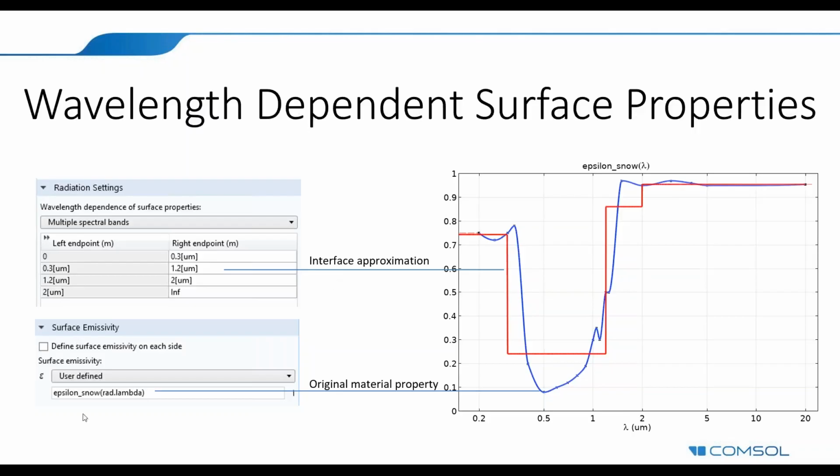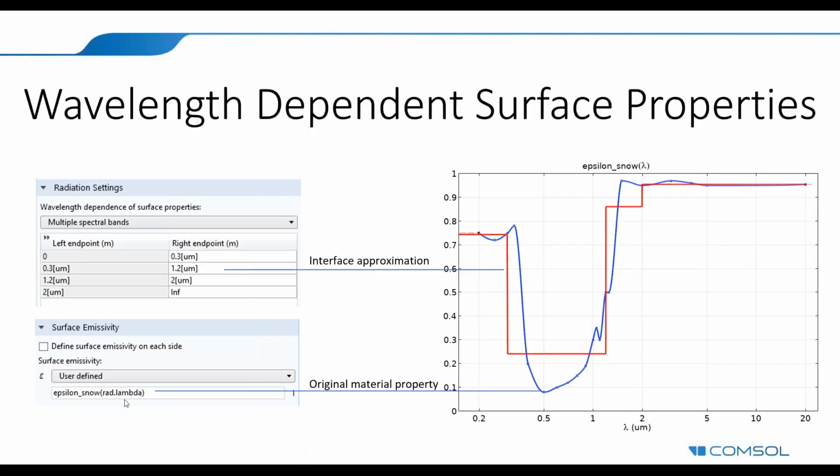This works as soon as you enter the surface emissivity as a function of the wavelength. So epsilon here is a function that I prepared, and rad.lambda is a keyword for the wavelengths. It could also be a function of wavelengths and temperature, but I just focus on the spectral band for now.